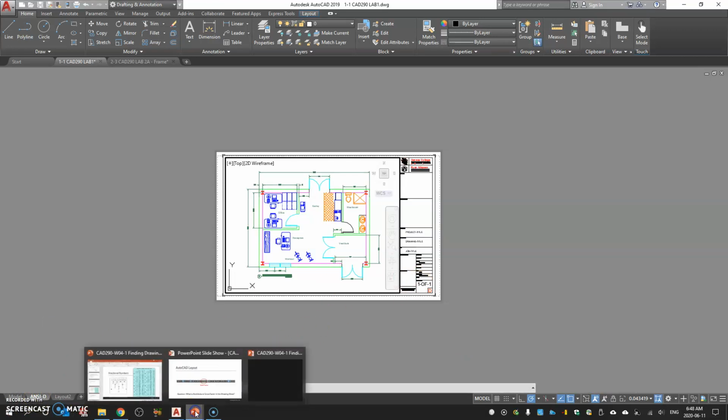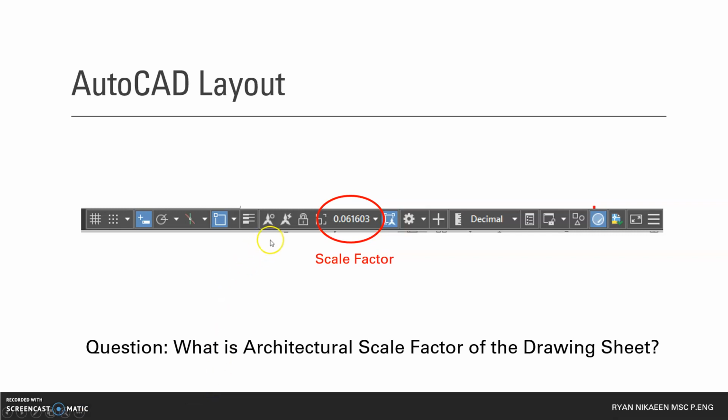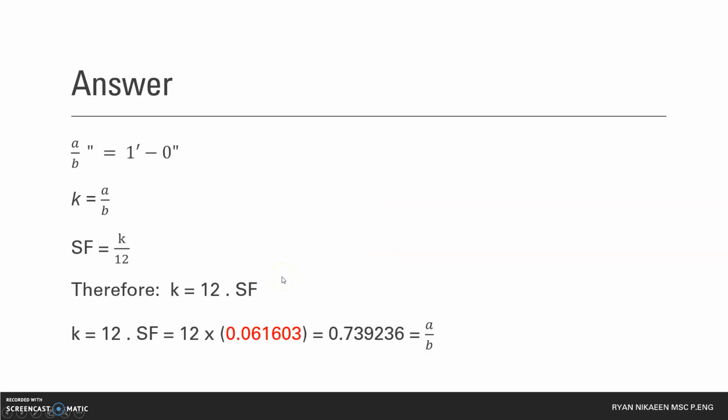Let's go back to my presentation video. This is the scale factor. I know the scale factor, but I don't know the architectural scale of my drawing. So to do that, I have to think about the definition of that architectural scale factor.